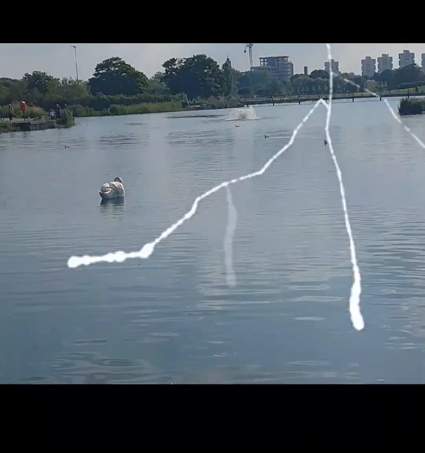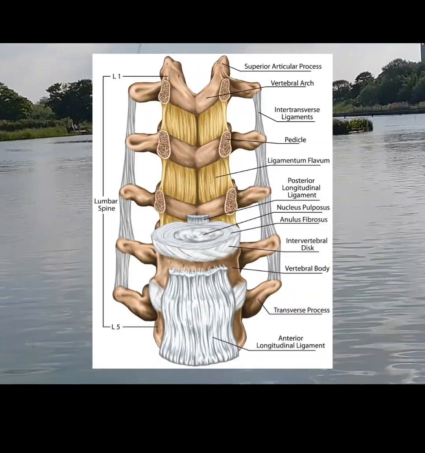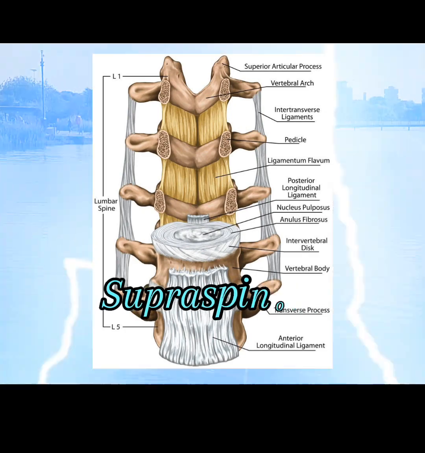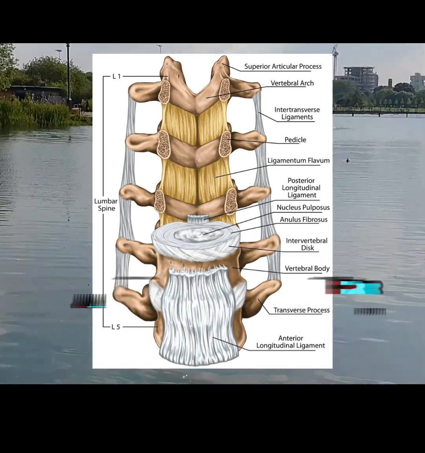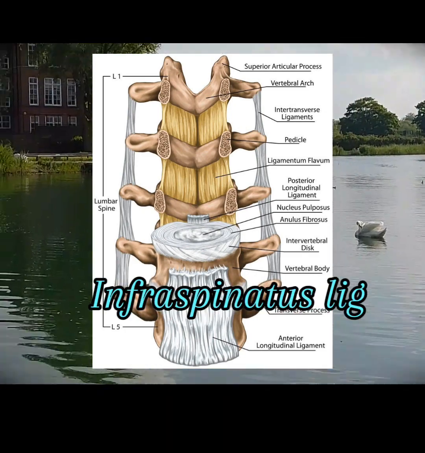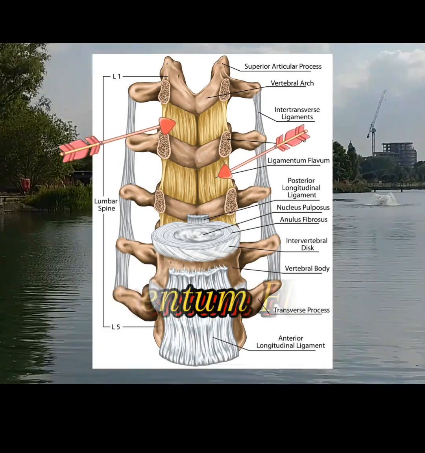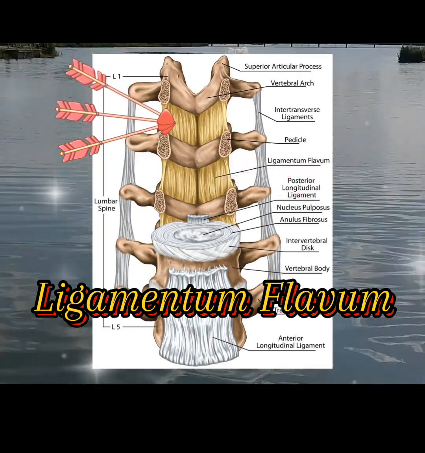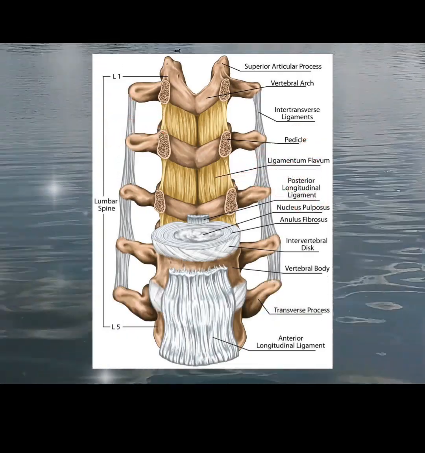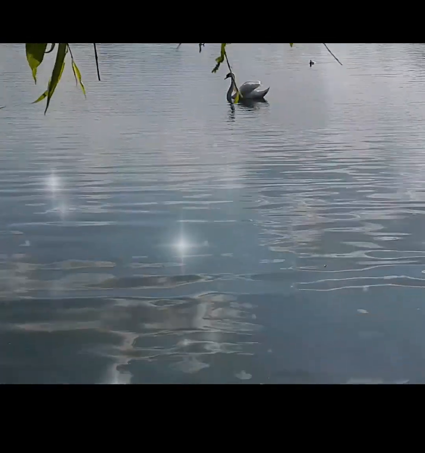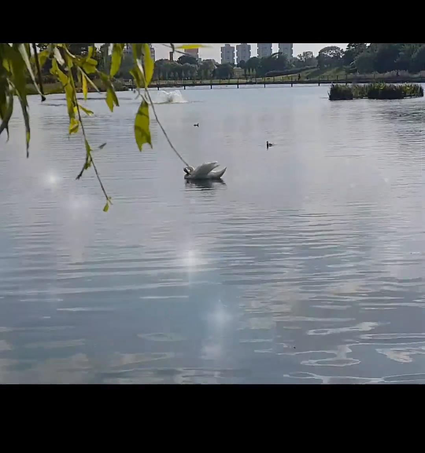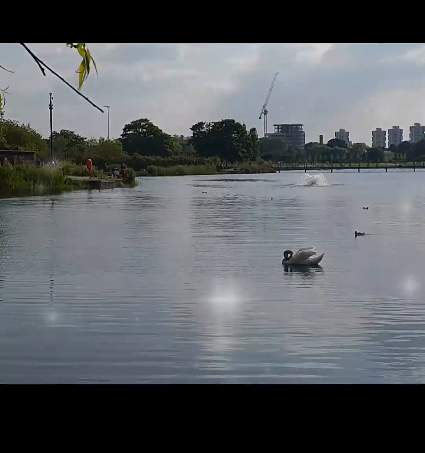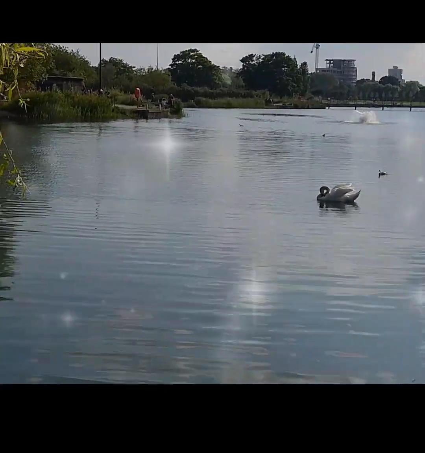The posterior ligamentous complex is composed of the supraspinous ligament, interspinous ligament, articular facet capsules, and ligamentum flavum. Broadly, the facet joint is made up of a variety of hard and soft tissues.